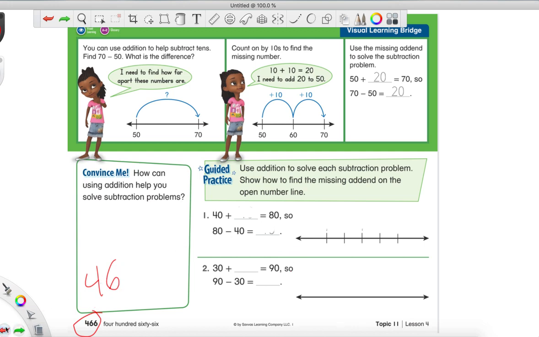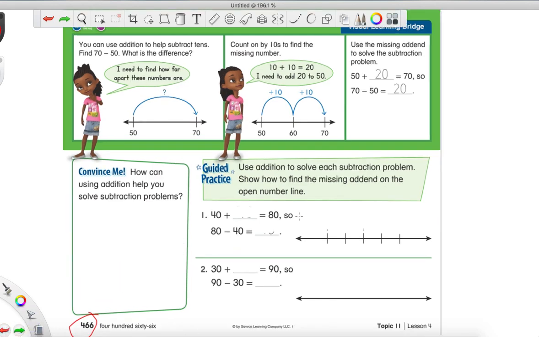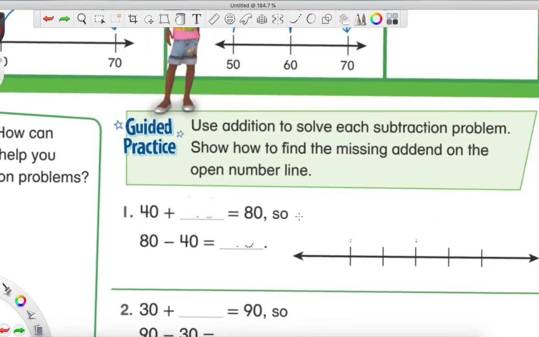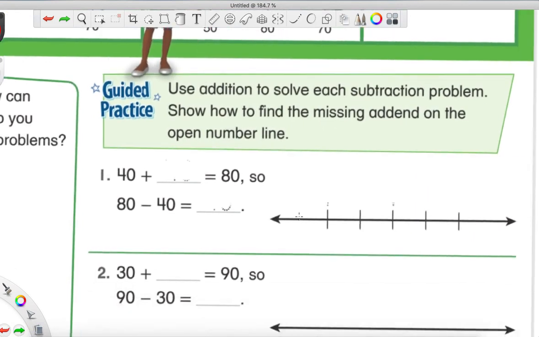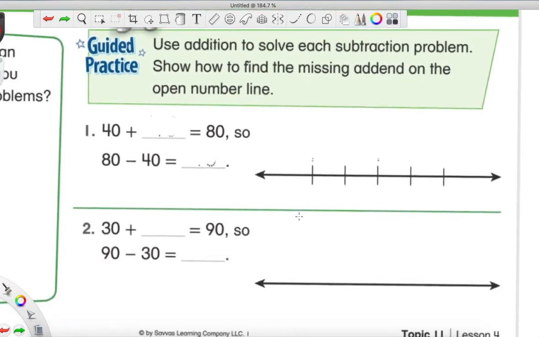And I erased number 1 so we can kind of do it together to see what on earth they're doing and have a better understanding of this. So let's look at number 1 together. The first thing we want to do, because they already did the hard work for us, they already set everything up. So they want us to figure out what 80 minus 40 is.